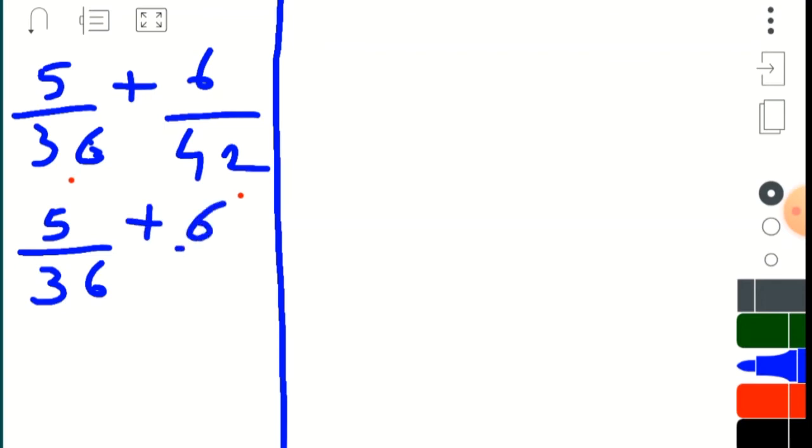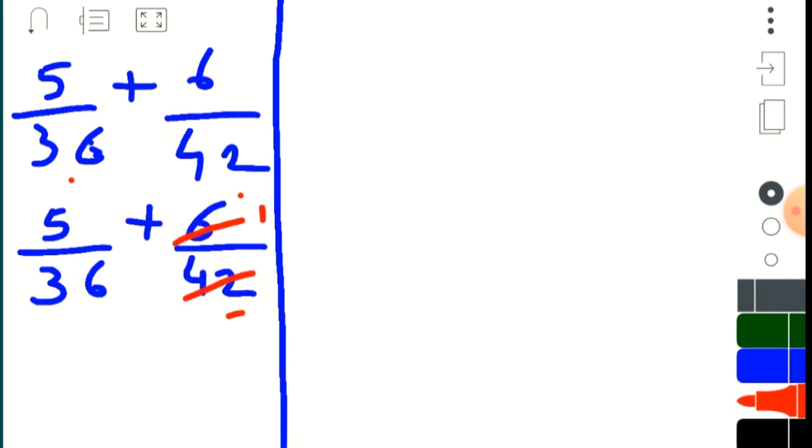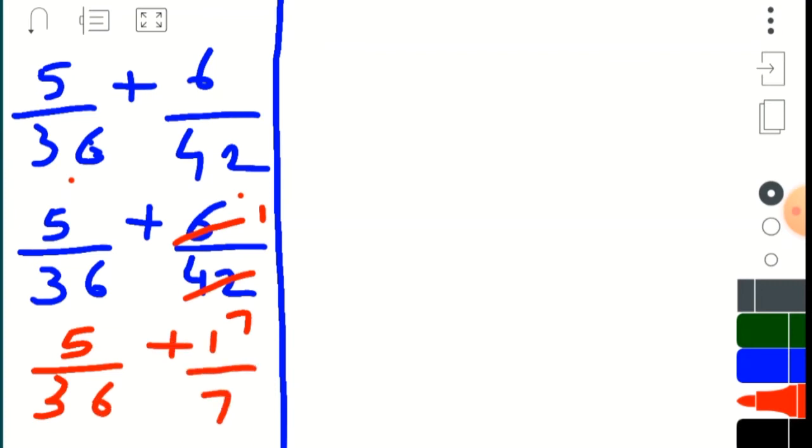But 6 upon 42 goes in the table. So here it will be 6 ones are 6 and 6 sevens are 42. So now what you have got is the fractions 5 upon 36 plus 1 upon 7. Now we will solve this.